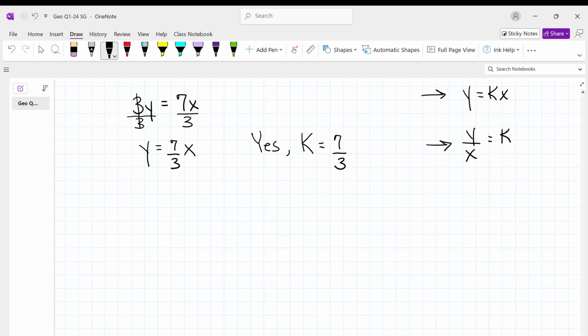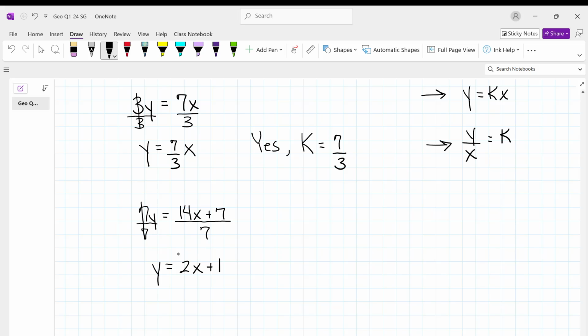We've got 7y is equal to 14x plus 7. We're asked if y varies directly with x. Well, let's divide both sides by 7. The 7's cancel, and we get y is equal to 2x plus 1.